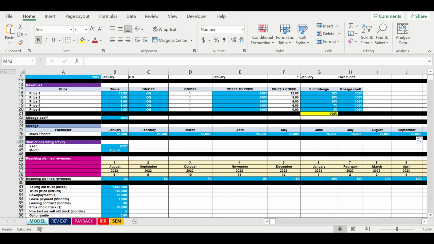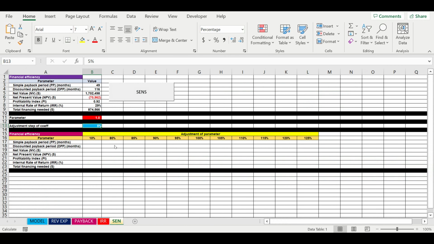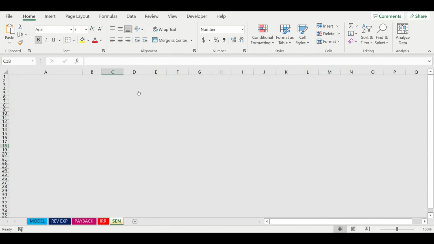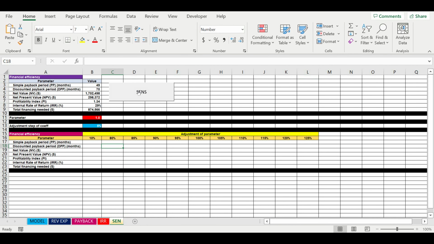Then we go to the sensitivity analysis and we will press the sense button to see what will happen to our project if the monthly mileage increases or decreases with a step of 5%.